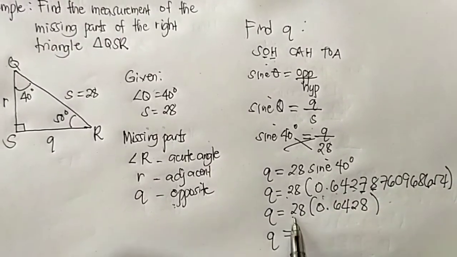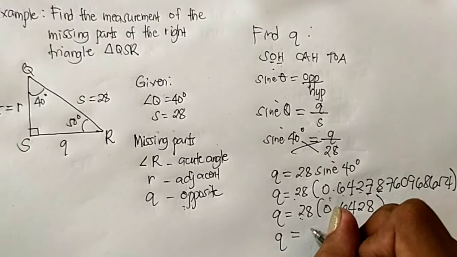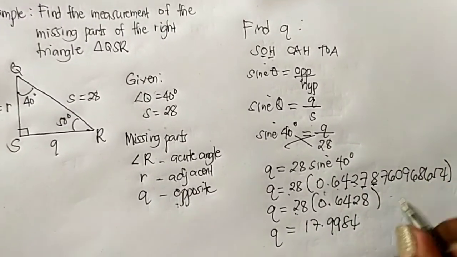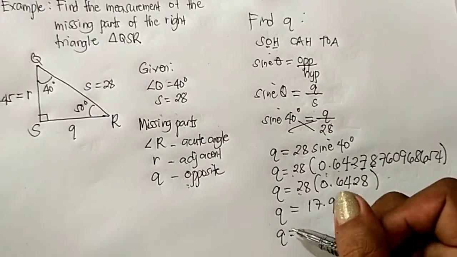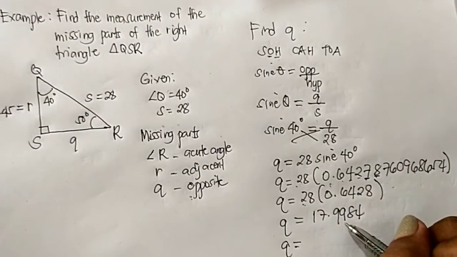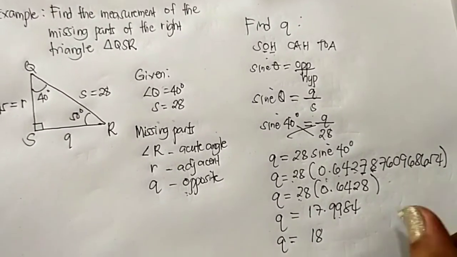So multiply 28 times 0.6428. The product is 17.9984. And now correct it into 2 decimal places, or round to the nearest hundredths. So we have 18.